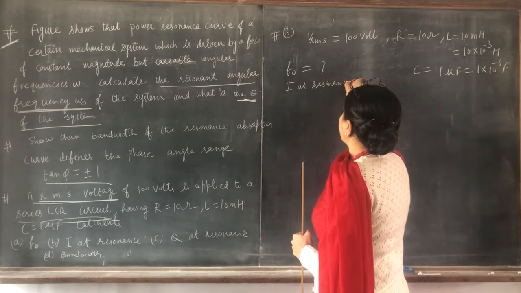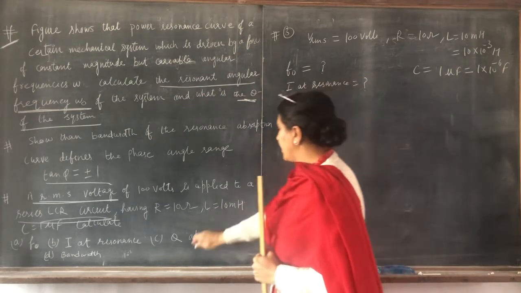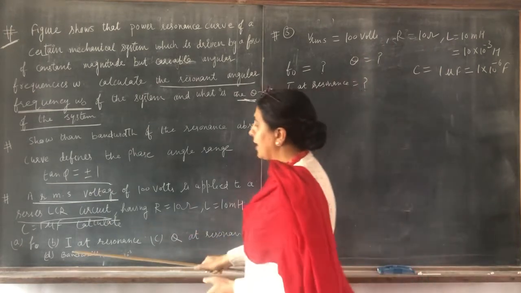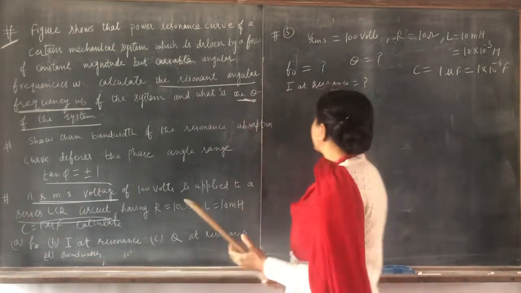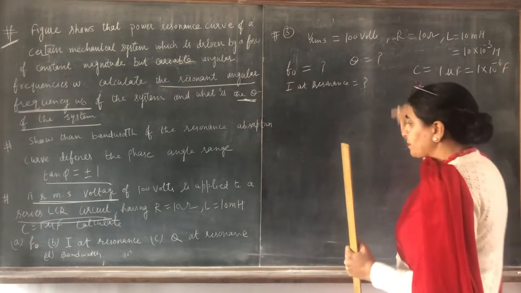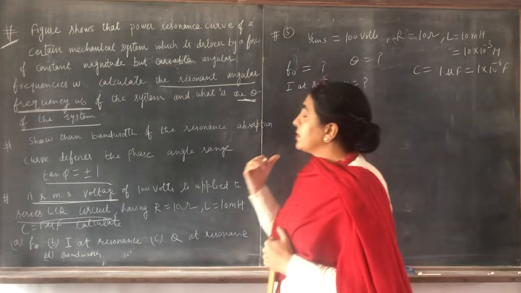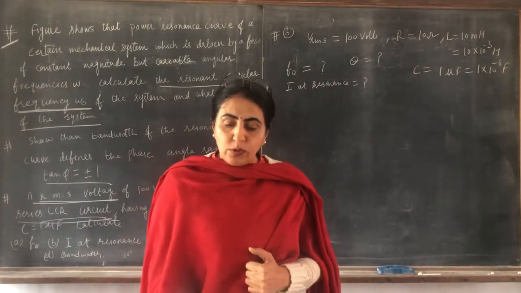Third, Q at resonance. And fourth is the bandwidth. So these are the physical quantities which we have to find out.